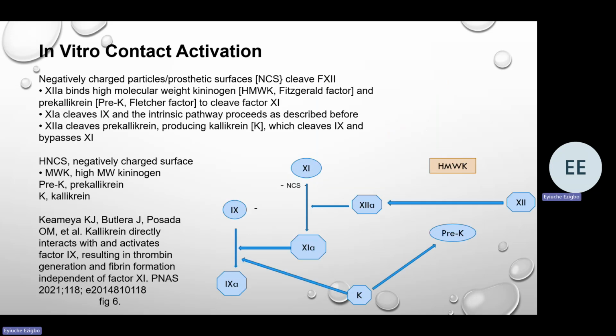Okay, now we are going to describe another pathway, which we call the in vitro contact activation, because we now know that the contact factors, factor 12, prekallikrein, and high molecular weight kininogen, do not play a significant role in vivo coagulation with trauma type injuries, although their deficiency prolongs the in vitro laboratory tests of the intrinsic pathway, in particular the APTT.